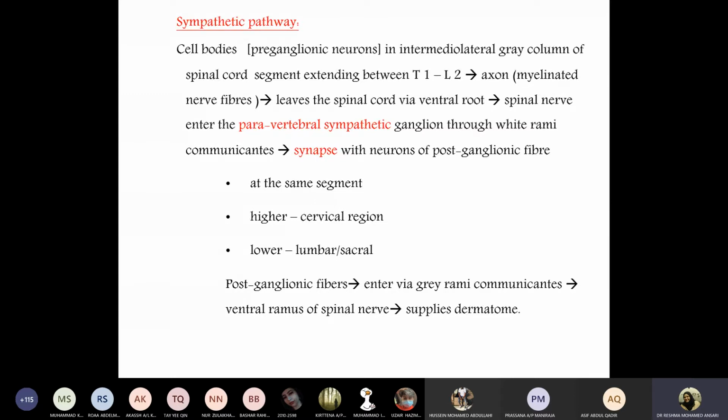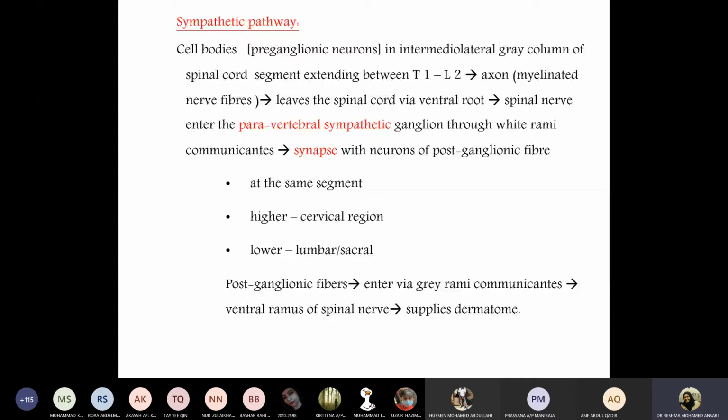When you imagine the ganglion, we have ganglia on either side of the vertebral column and they are all interconnected. So though I get impulses only from the thoracic and lumbar, the fibers can either travel up in the ganglion or low in the ganglion. That's how one thoracolumbar outflow is automatically controlling the whole body of the human being.